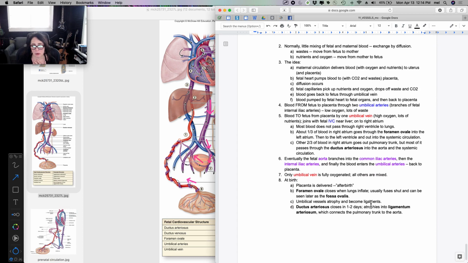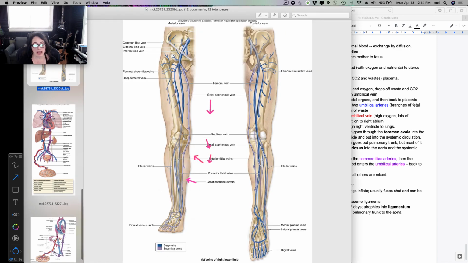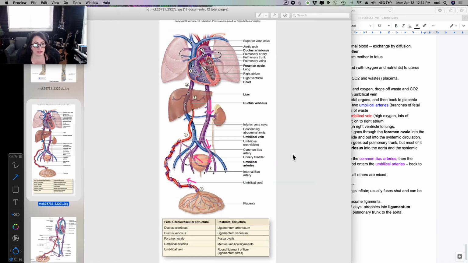Okay, so what happens at birth and when do these things actually close? After birth, when the fetus is delivered, it becomes an infant, right? Through normal vaginal delivery, the fetus is going to come out of the vagina.